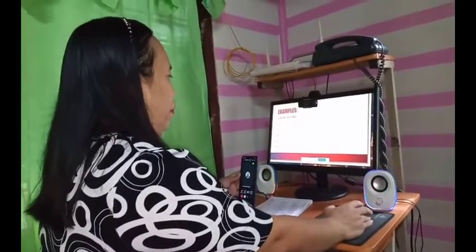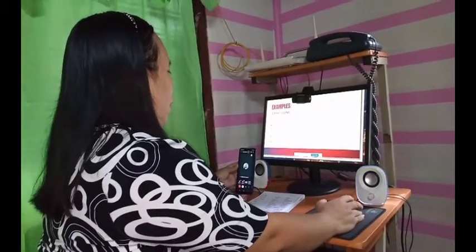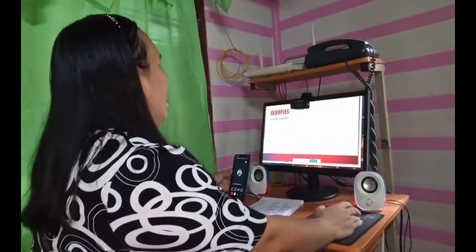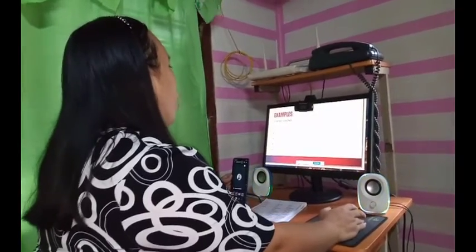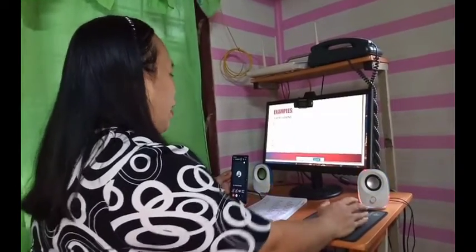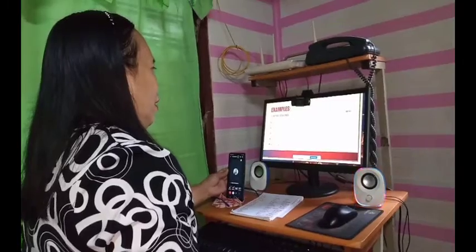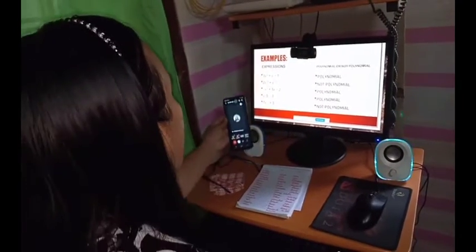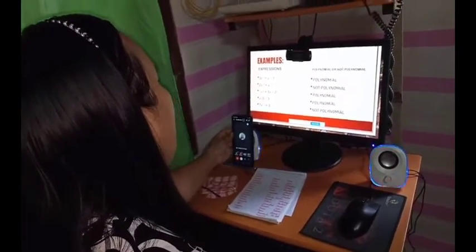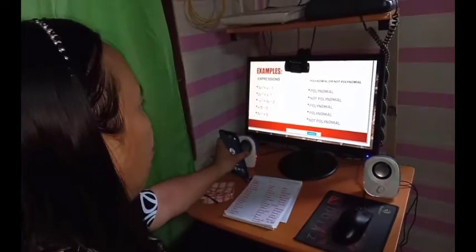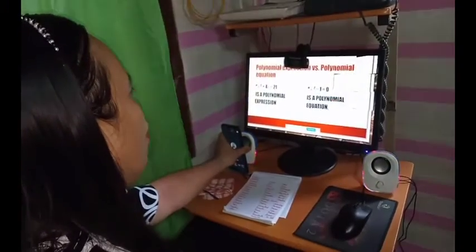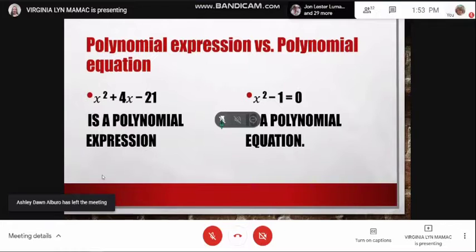Because the exponent of the variable is a fraction. Okay, very good. Not a polynomial. It seems that you already understand the previous topic, so we'll proceed to the definition of a polynomial equation.